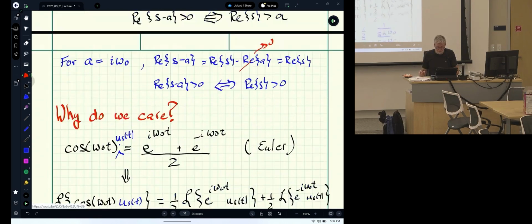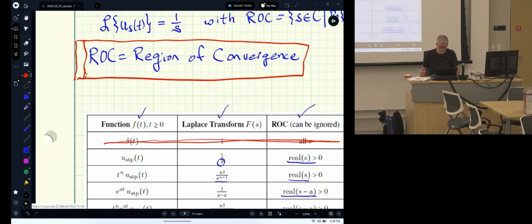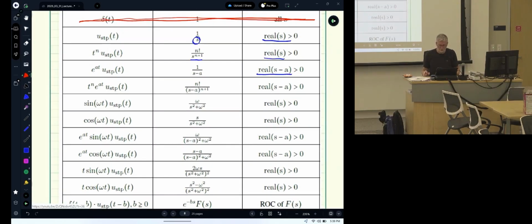So what did we do? We avoided integrating cosine against sine by replacing it with Euler's formula. And you can do every single one of these. Every single one of these is an exponential, here's another exponential, right?